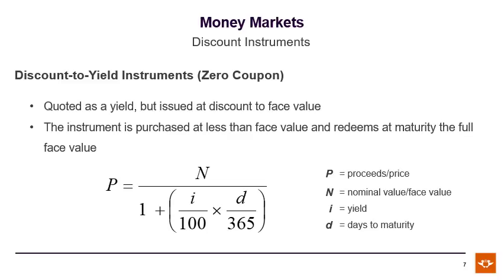And the purchase price is no longer the nominal value less the discount, it is now the nominal value divided by the yield. P is the proceeds or price, N is the nominal or face value, I is the yield, and D being the days to maturity.